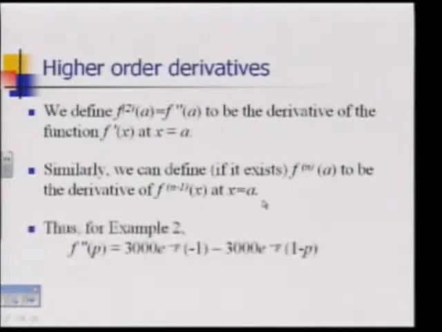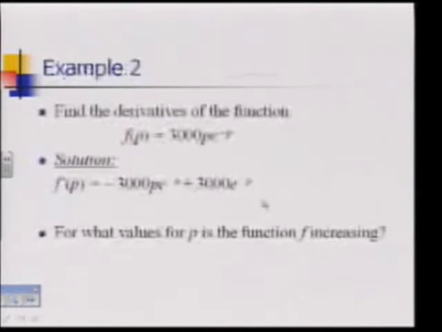For the previous example, we already did the first order derivative. If you recall, in the previous slide, we have this, right? And then we take another derivative, then this will become minus 3000 e to the minus p.